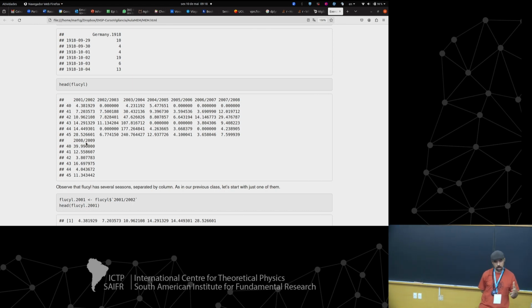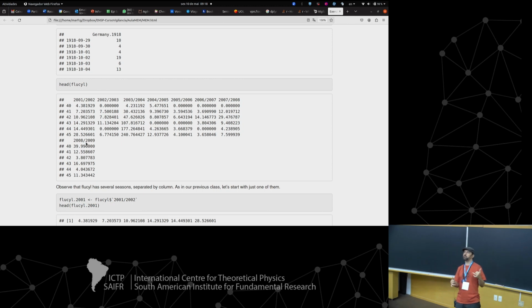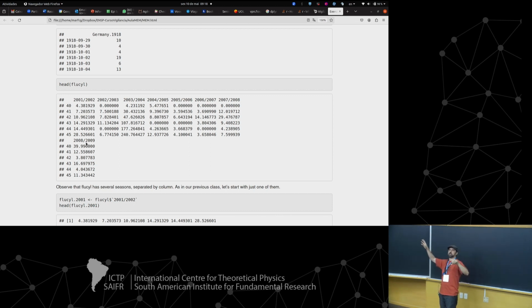So, if we want to define the seasons for those particular cases, it doesn't make much sense for us to divide our data from January to December, because the highest volume will be some part of it in one season and another part of it on another season, right?